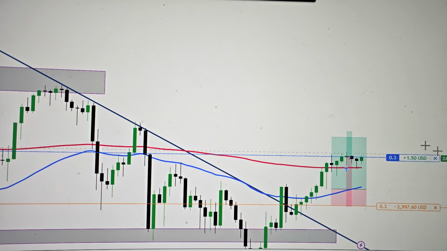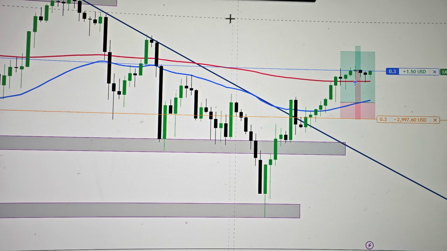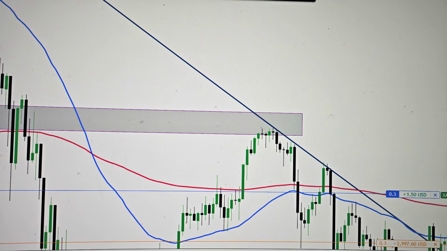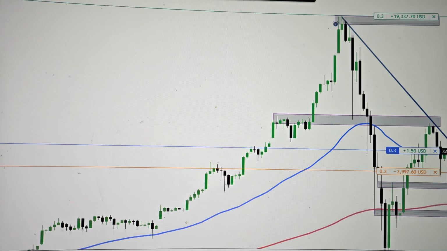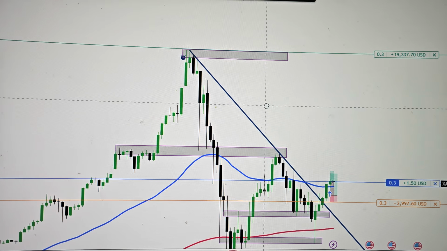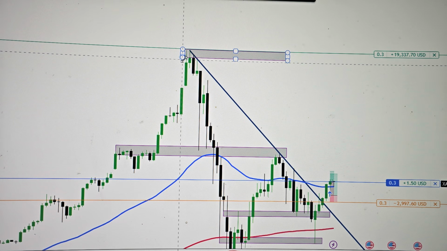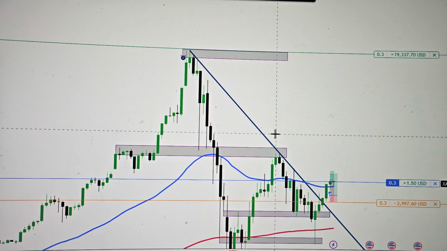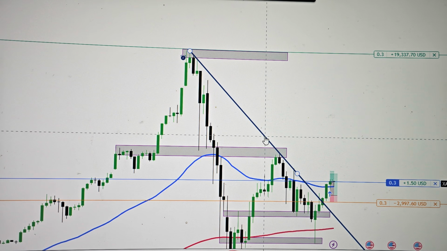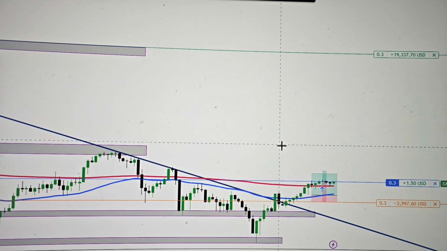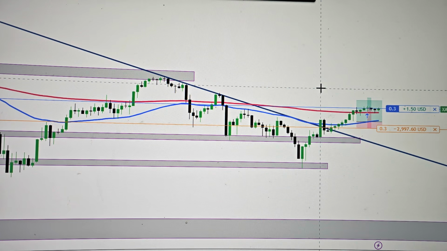So when I got this confirmation, if I go back to the 4-hour time frame, we do have an alert set here to say whenever price closes above this ray, let me know. And that happened. I don't know if we can see the time.